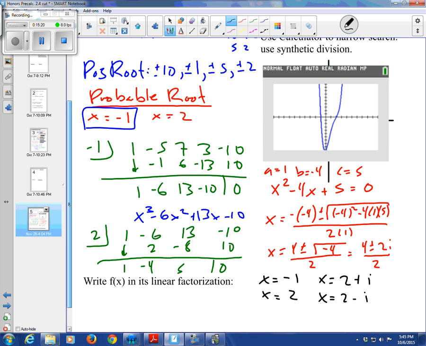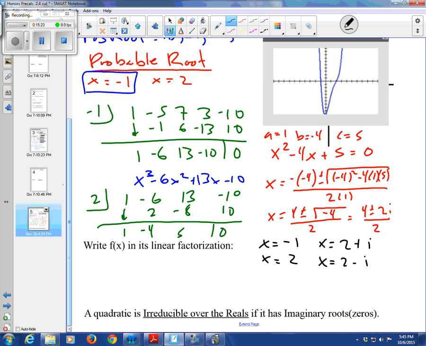If we want to write f of x in its linear factorization, basically what this is going to mean is writing it as a multiplication of its real number linear factors. So right here, these two imaginary roots, I would want to represent them as the quadratic x squared minus 4x plus 5.